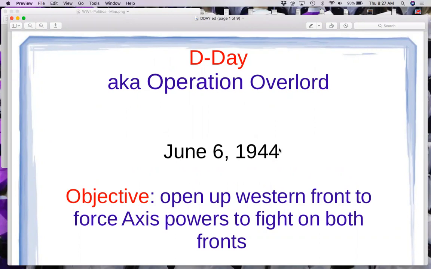Russia was on the eastern side. UK was on the western side, but it was an island, and so it couldn't land military equipment on the western side, and they wanted to force Hitler to fight on both sides.